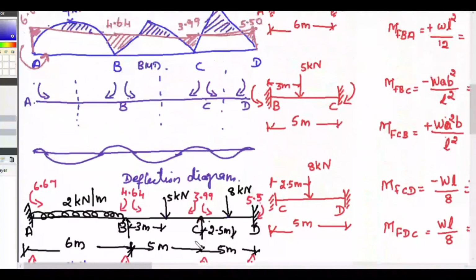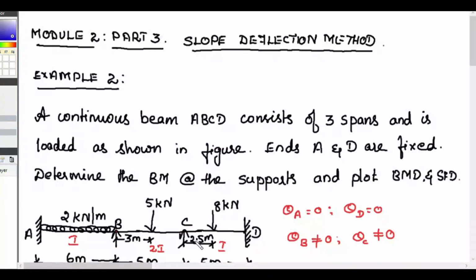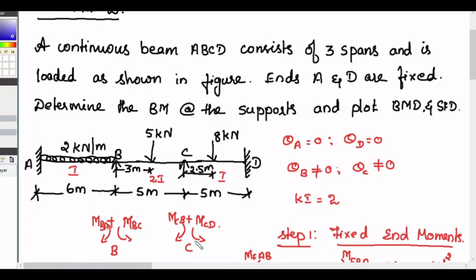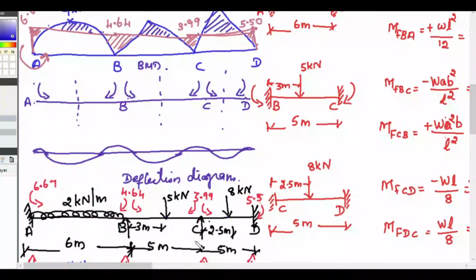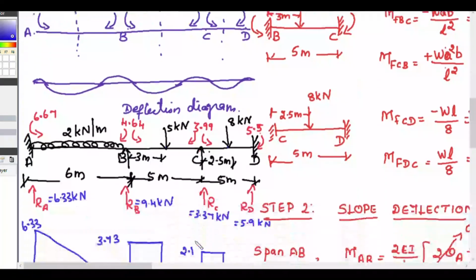So our aim is to draw the shear force diagram and bending moment diagram for the given problem. What is important is, first of all, find the kinematic indeterminacy, the unknowns, find the fixed end moments, write the slope deflection equations, write the joint equilibrium equations, solve and find the end moments, draw the bending moment diagram, draw the deflection diagram, then using the bending moments and fixing moments, fix the final end moments.